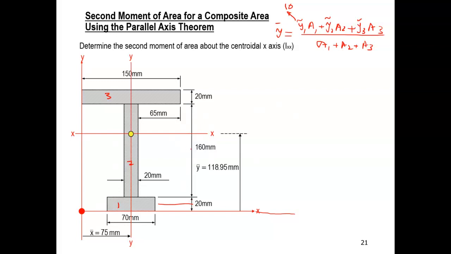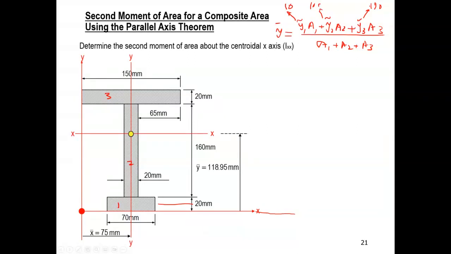So 160, the middle of 160, that is 80. 80 plus 20, that is 100. And what about y hat 3? Y hat 3 is 20, 160, 180. And just right in the middle of that is 10. So 180 plus 10 is 190.